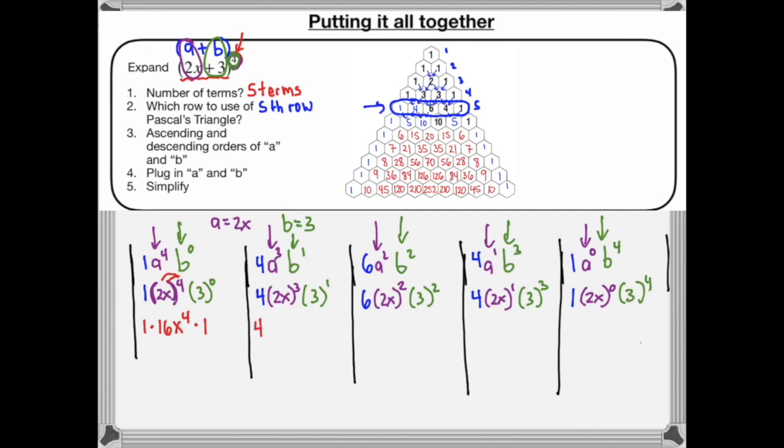Then I got 4 times, let's see, 2 to the 3rd power, which is 8, and x to the 3rd times the 3. And likewise, I'm just going to go right up the entire row, simplifying out all the exponents, doing this nice and slowly so we don't make any mistakes, or if we do, we're showing all our work so we know where to find them, okay?